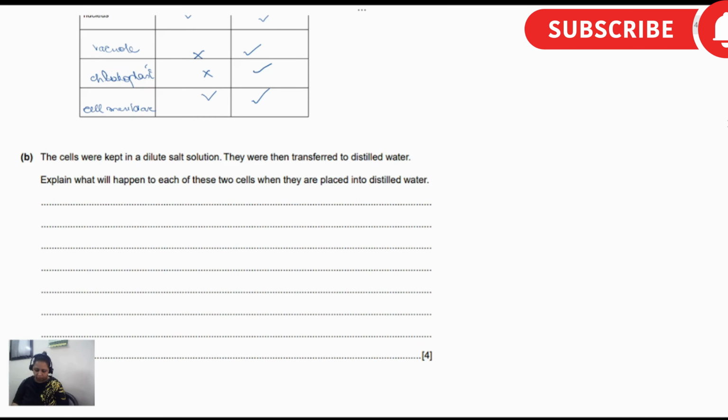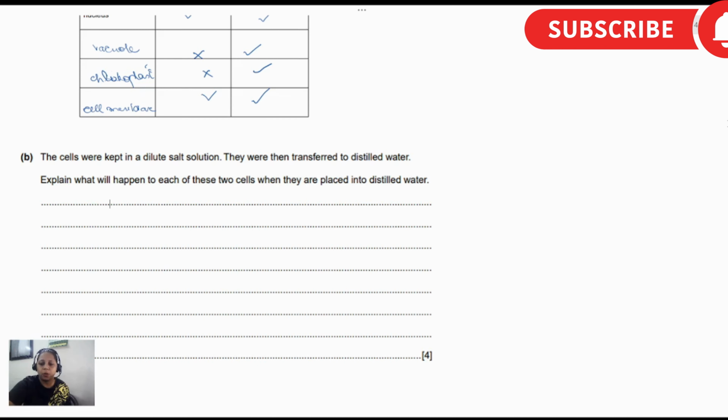Are you talking? Okay, so they are talking about both animal and plant cells. So in case of animal cells, it will burst because there is no cell wall. And in case of plant cell, it would become turgid. Okay.